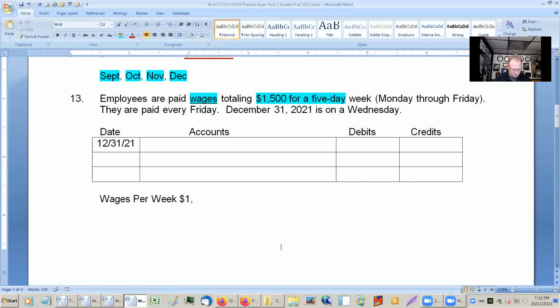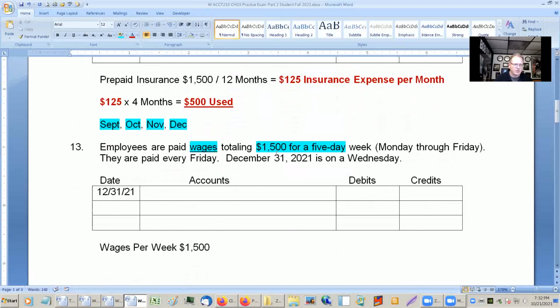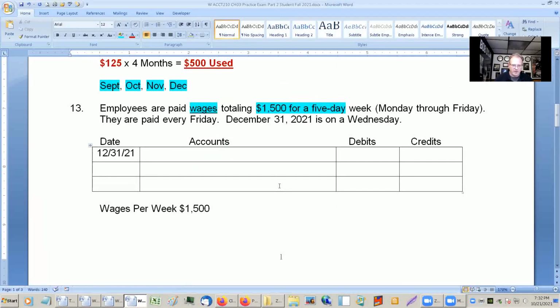Oops, I got the same 1,500 up in this one too. It's 300, divided by 5 days. Okay, so $300 per day is used.